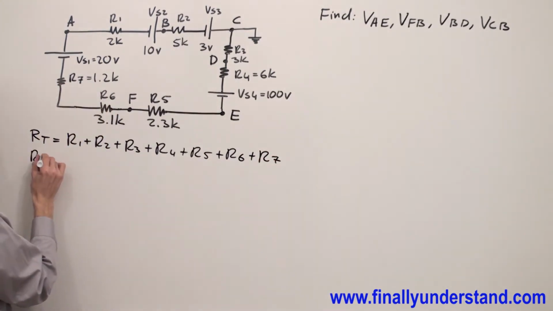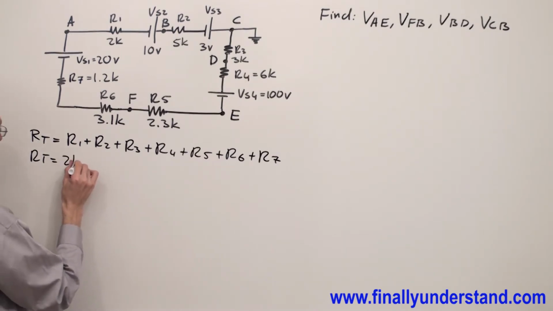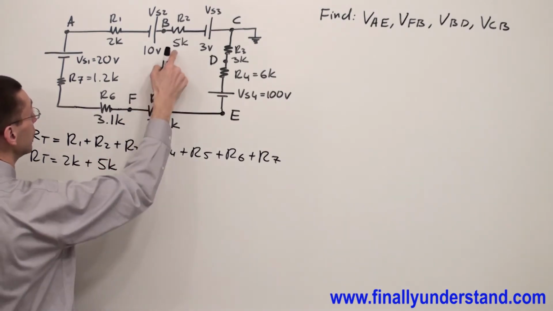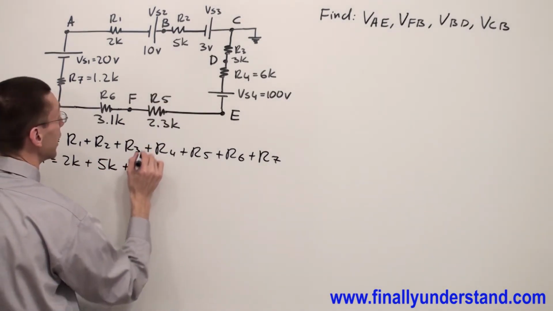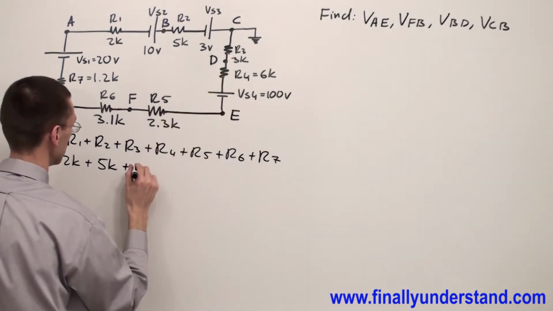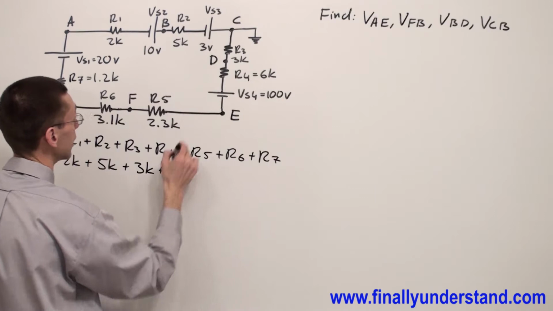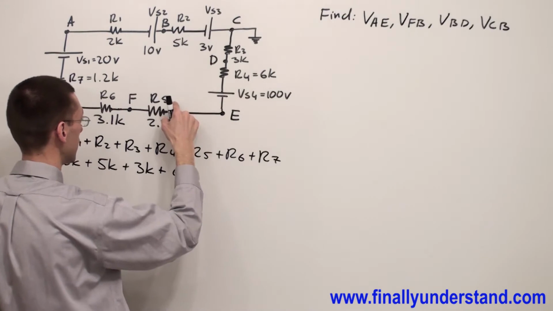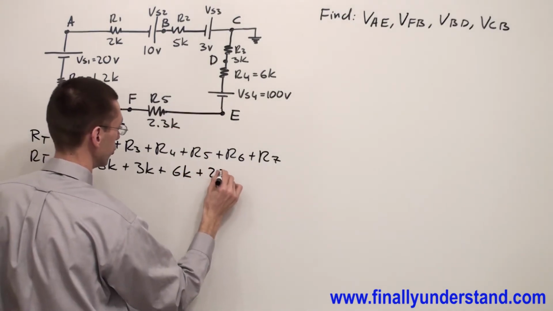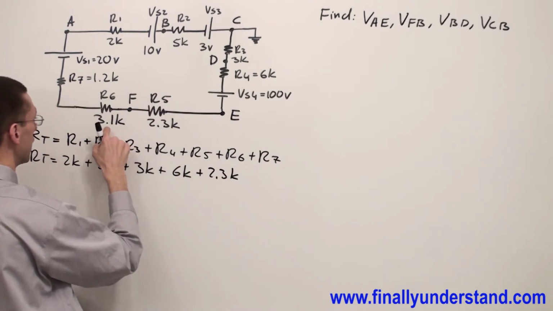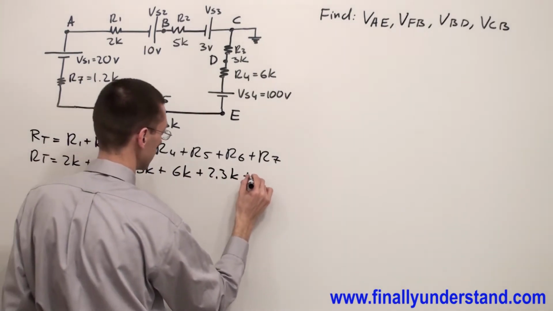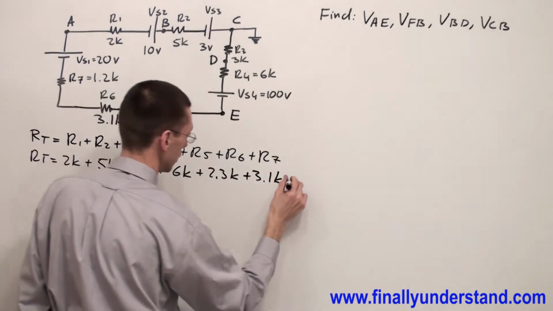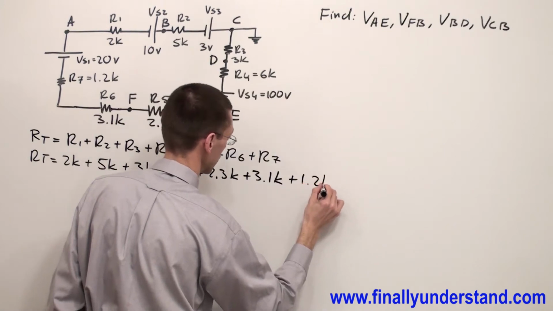So I can say R total is equal to R1, 2 kilo, R2, 5 kilo, plus R3, which is equal to 3 kilo, plus R4, which is equal to 6 kilo, plus R5, which is equal to 2.3 kilo, plus R6, which is equal to 3.1, plus R7, which is equal to 1.2 kilo.